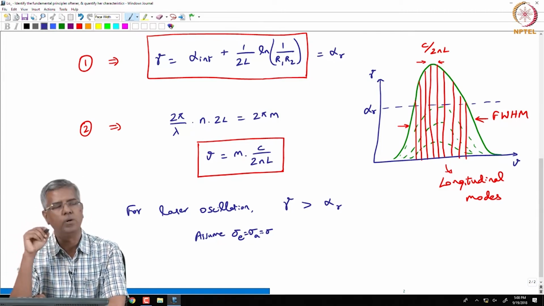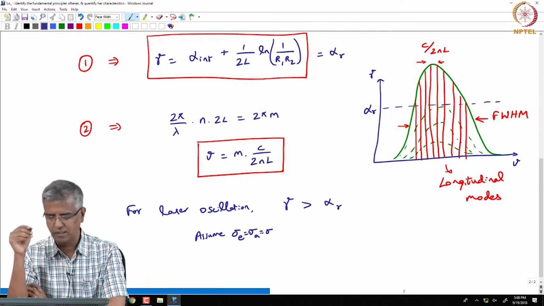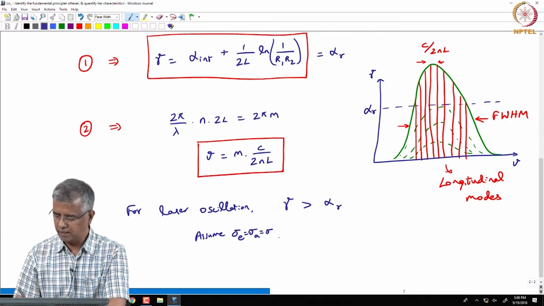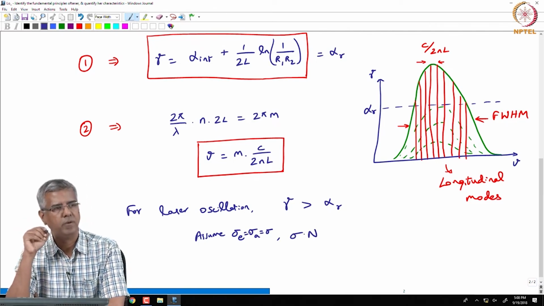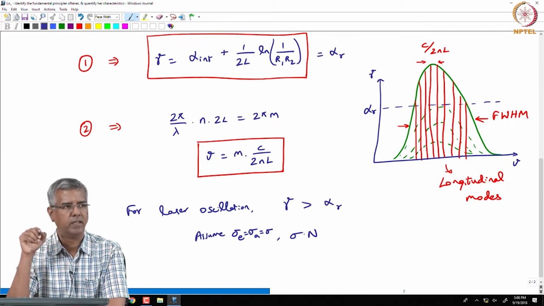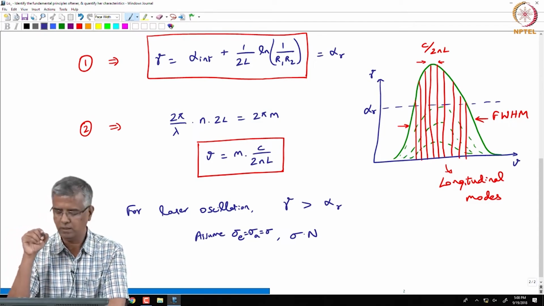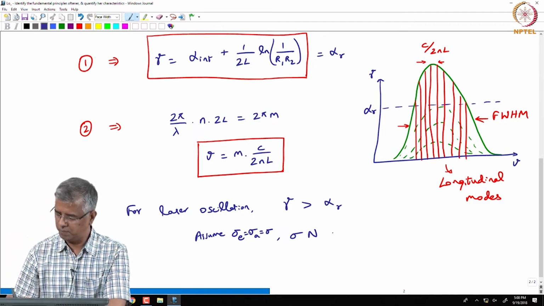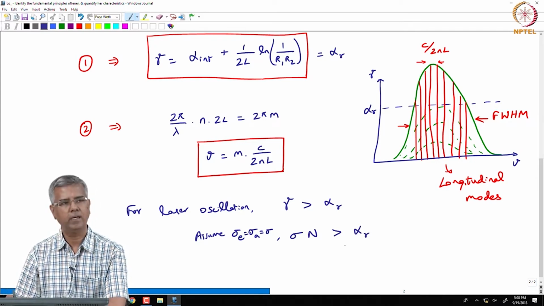If it is equal to the absorption cross section, we know that is a very special condition, but if we assume that, then we can just say that sigma multiplied by n, where n is the inversion, right, has got to be greater than alpha r.